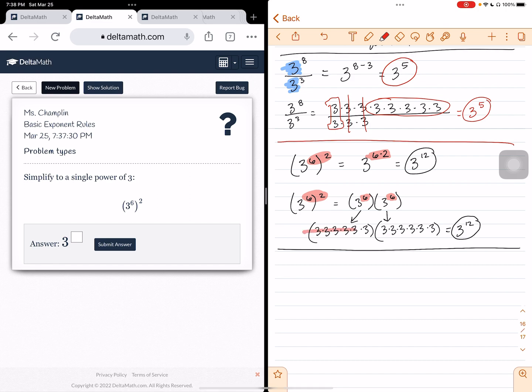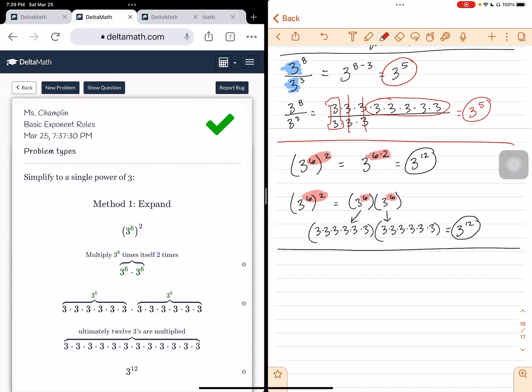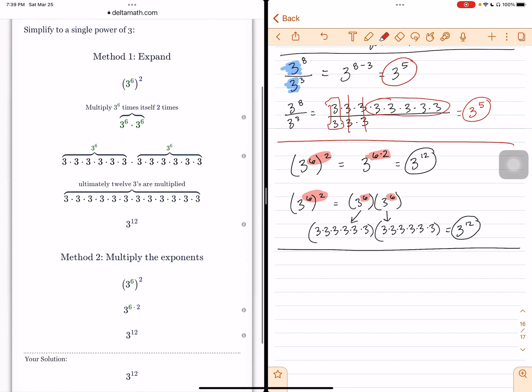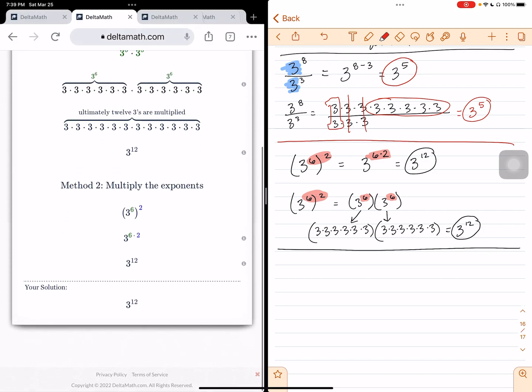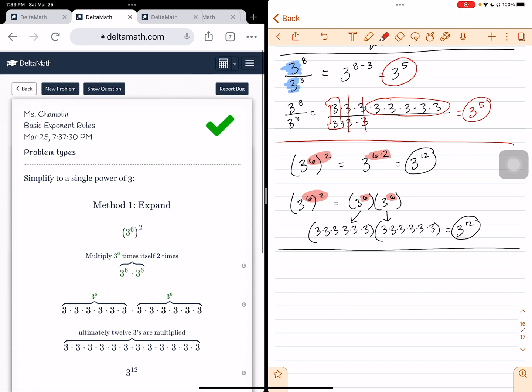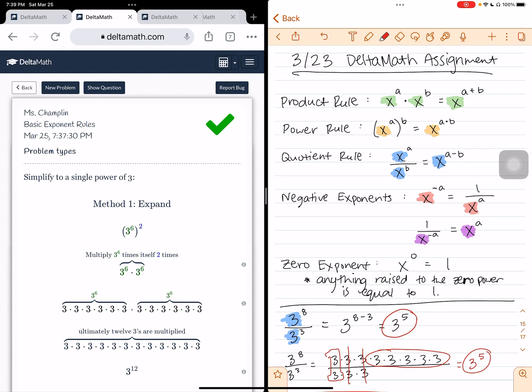So instead of expanding it all the way out like this, you can just multiply the exponents. 12. Sorry, I have the sniffles today. So again, they show you the expansion, and if you just use the power rule, which is multiplying the exponents together. Okay. Again, I'm referring back to the product rule, power rule, quotient rule, negative exponent rule, all that good stuff there.